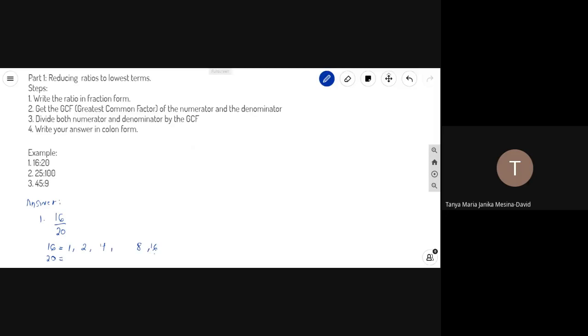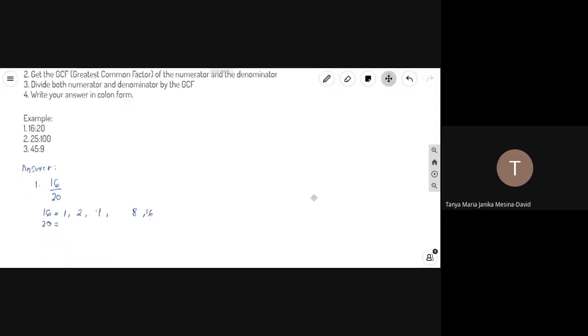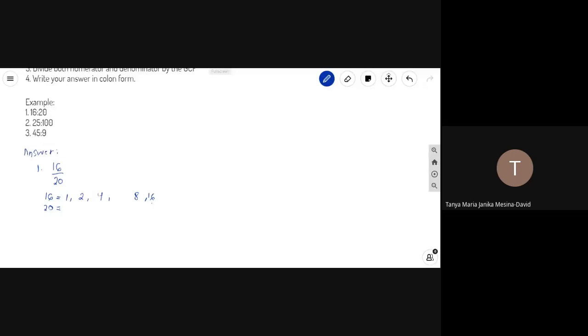For 20, the factors are 1 times 20, 2 times 10, and 4 times 5. I will now encircle the common factors. We have 2 and we have 4. Since we're getting the greatest common factor, that is 4. This is the GCF.